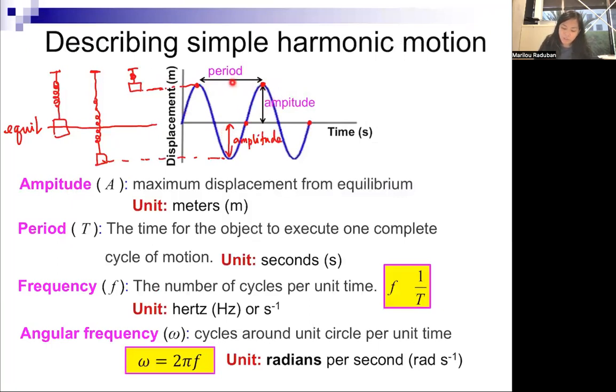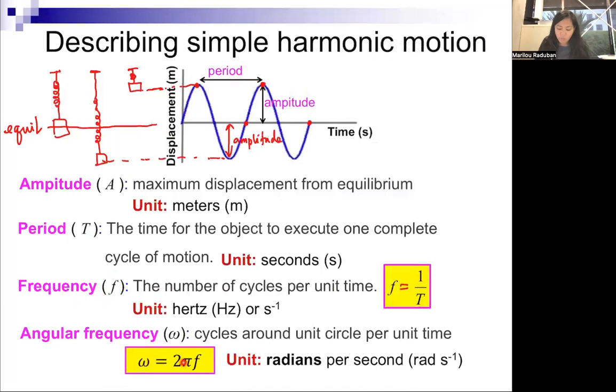Once you know the period, you can then calculate the normal frequency f by getting the inverse of the period. So f is 1 divided by the period. And once you know the period, you can then find the angular frequency omega.